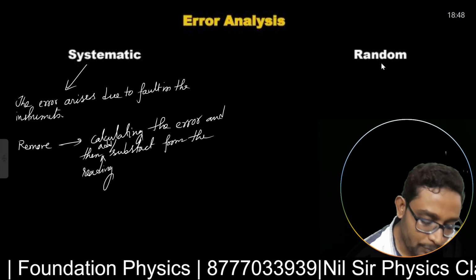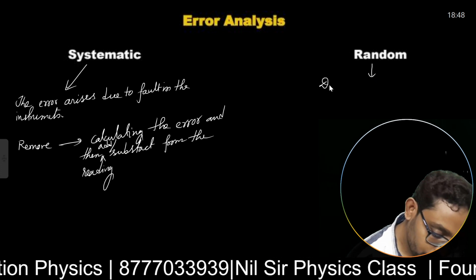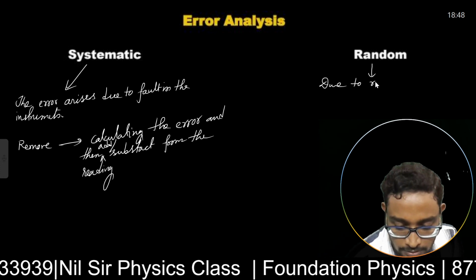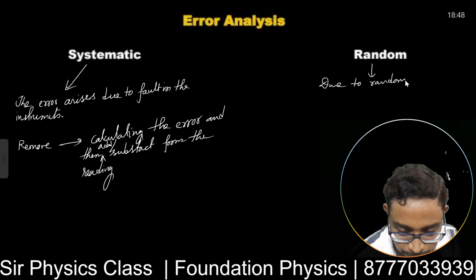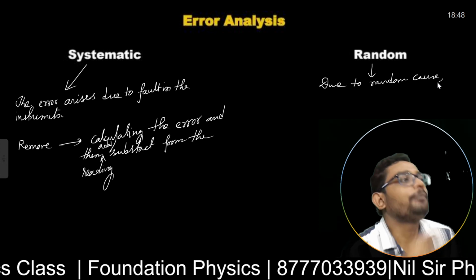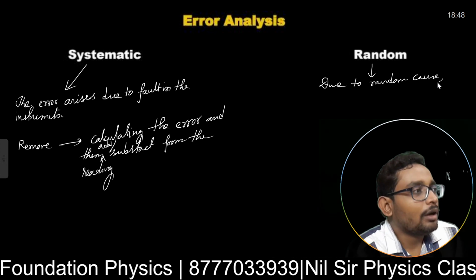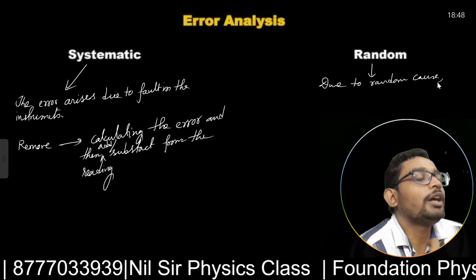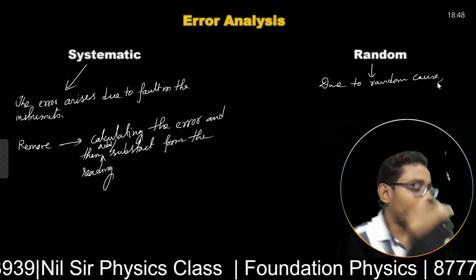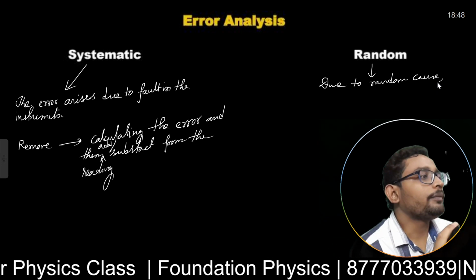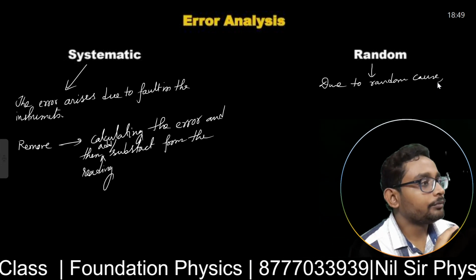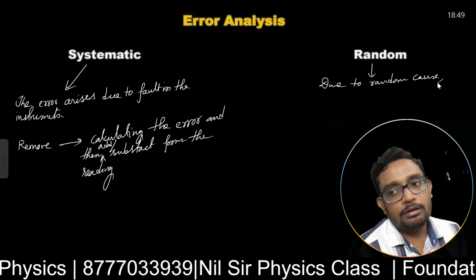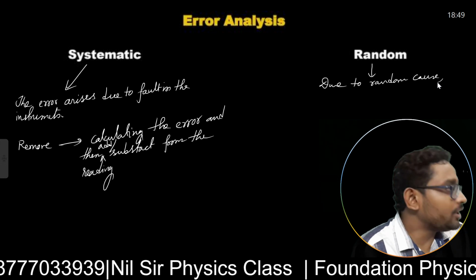On the other hand, random error may be due to random causes. For example, you measured this thing wrongly. It is our fault, right? Maybe sometimes there is some disturbance due to air or vibration.